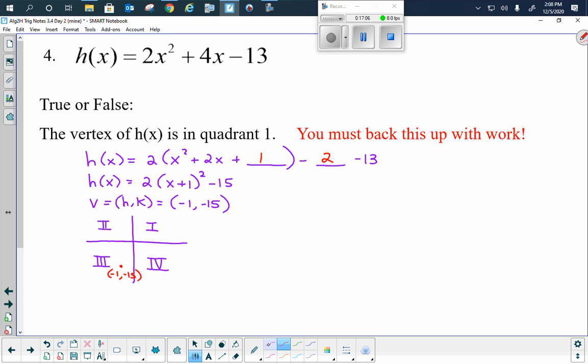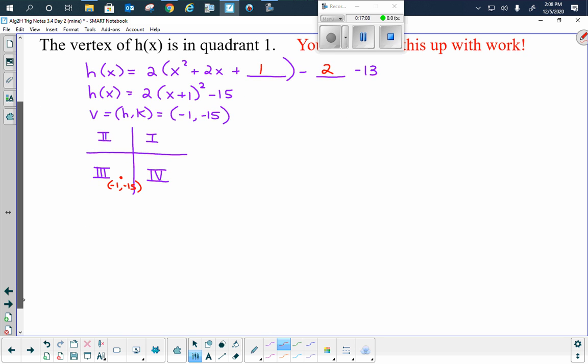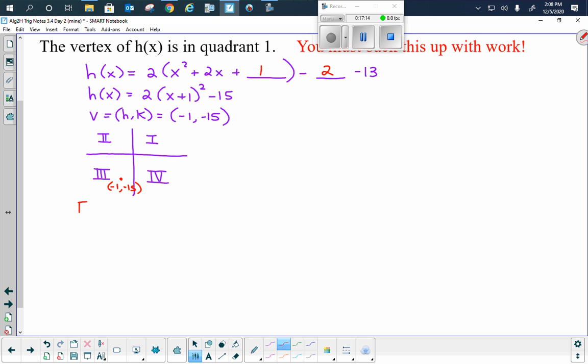Then you tell me that the statement says this vertex is in quadrant 1. No, you would be telling me false, and what quadrant it actually is in. So you don't change the question, you make it so that the statement is true.